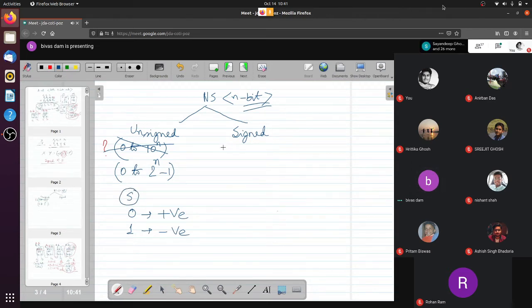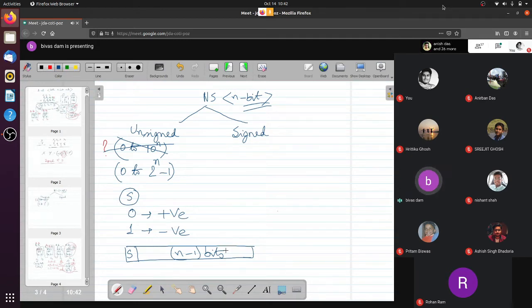So here, this is your S, the sign bit, and these are the least significant n minus 1 bits. Now, in the case of the signed number system, there are many categories.